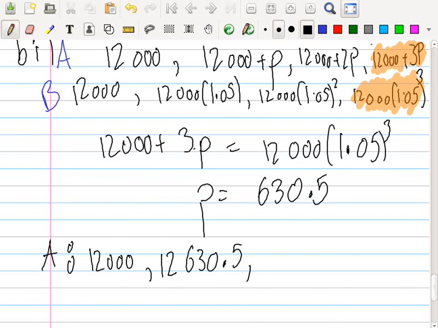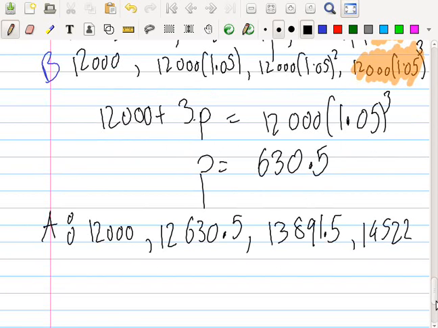And then they'll get 13,891.5, and then finally they get 14,522. And then person B starts with 12,000, and we already know that in the fourth year it should be the same, so that should be 14,522.